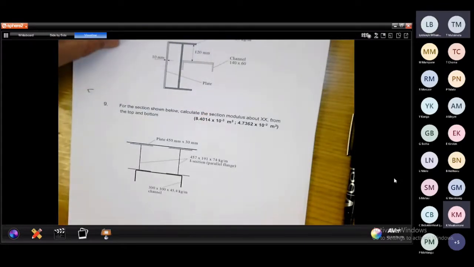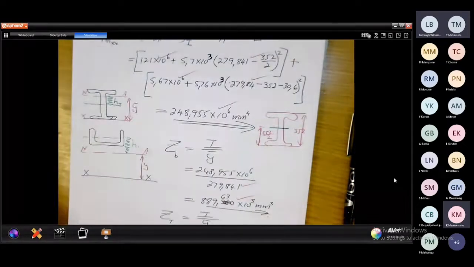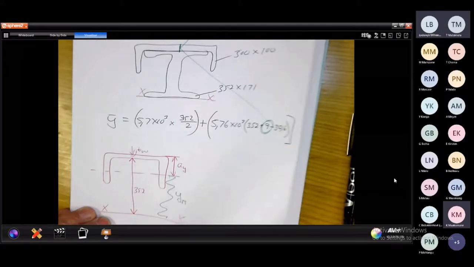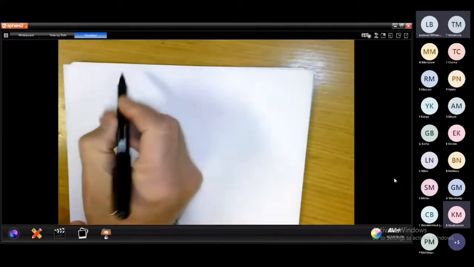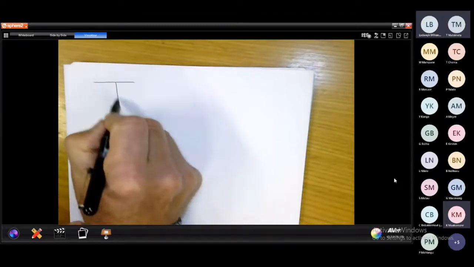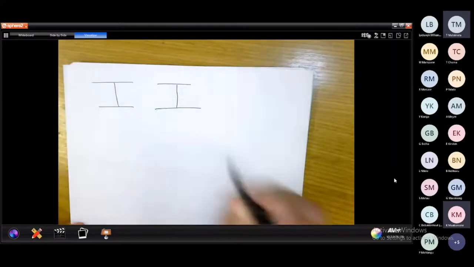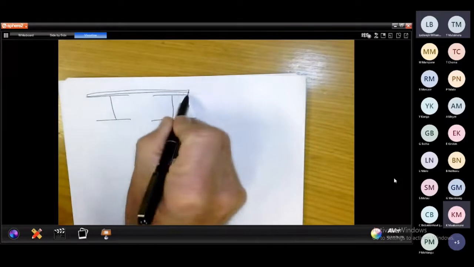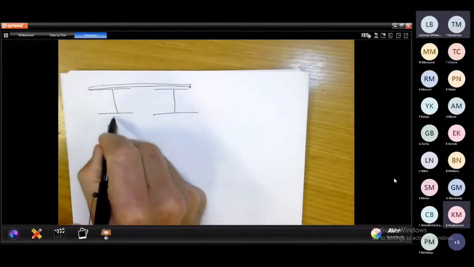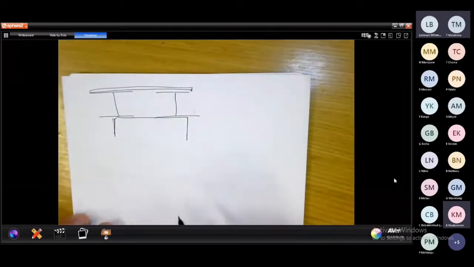All right, okay. Now, come people, let us start and work together and see if we can finish this problem. And you have another good example. Right, in the case here, you have 2 I sections with a plate there on top. There's a plate. Plus you have a channel here.